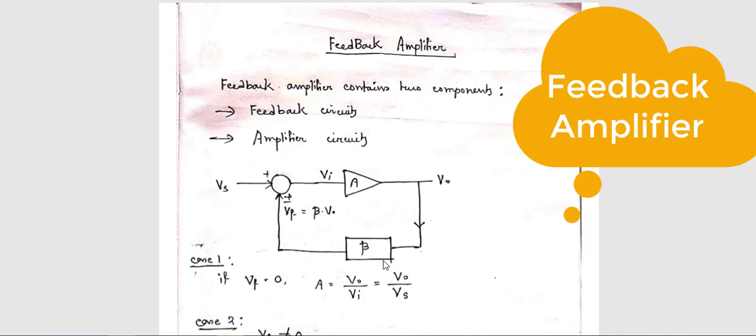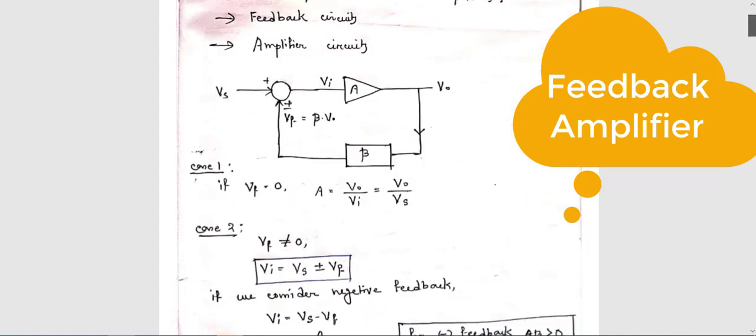Listen carefully, if this feedback path is present, that means you are attaching a feedback path with the amplifier circuit. In that case your output V0 will be equal to this amplifier path with this feedback path.